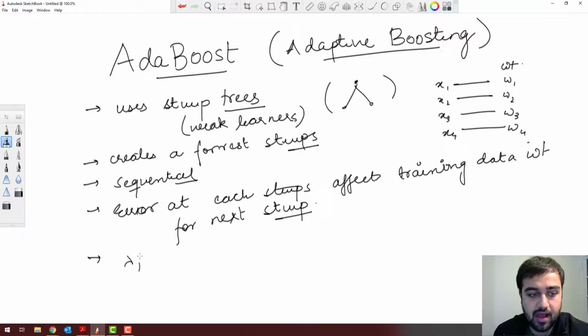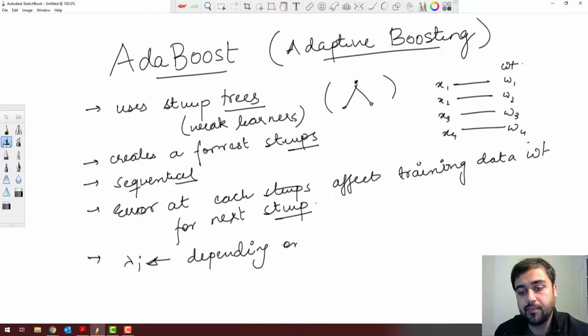Depending on the performance of each stump, we assign a lambda i, which influences our final classification decision, because this lambda i denotes the importance of each stump in the forest.